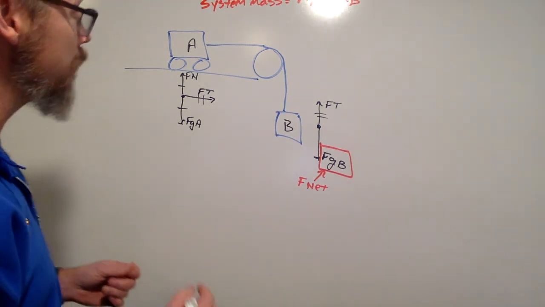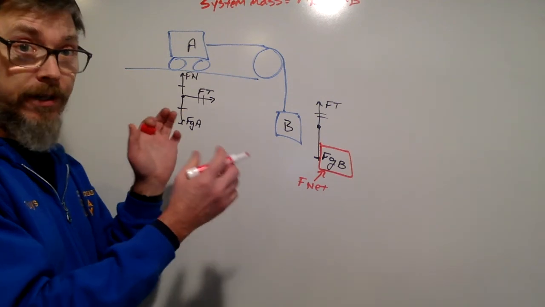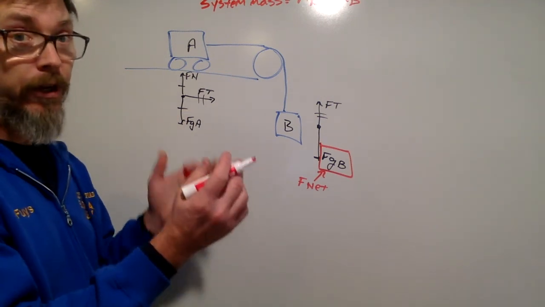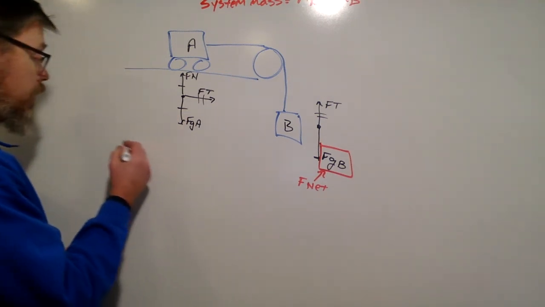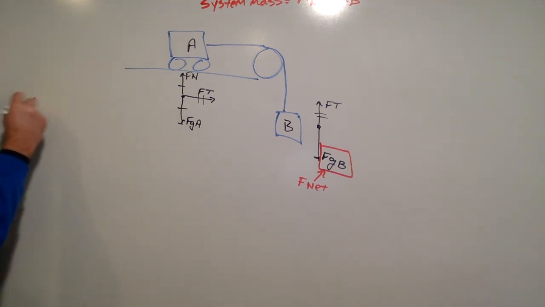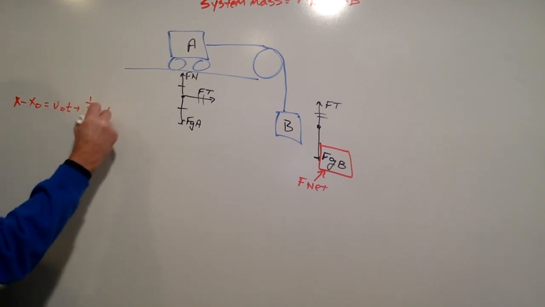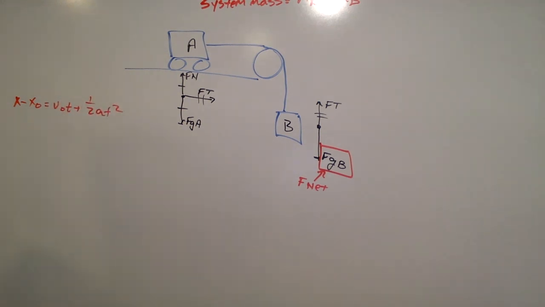So if all you had was distance and time, you know that it's starting from a stop. So there's really only one equation that'll work, and that's this one. I'm going to write it way over here. It's x minus x naught equals v naught t plus 1/2 at squared.